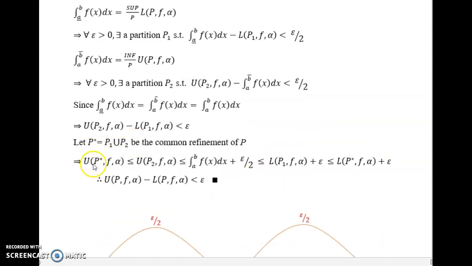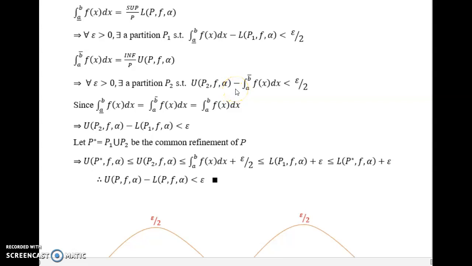So, as I just said, the upper sum for the common refinement of P will be less than or equal to the upper sum for P2, which would be less than or equal to the integral of f(x) dx plus epsilon over 2. And I'm making that argument based off this line right here, just rearranging some terms.